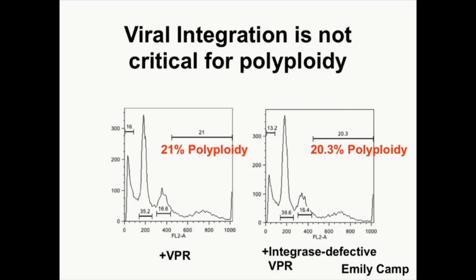She's found that viral integration is actually not critical for polyploidy. If she packages the VPR-expressing vector in a virus that can't integrate into the genome, we see similar amounts of polyploidy in both of these cases. So it doesn't seem like the integration step is really key here.